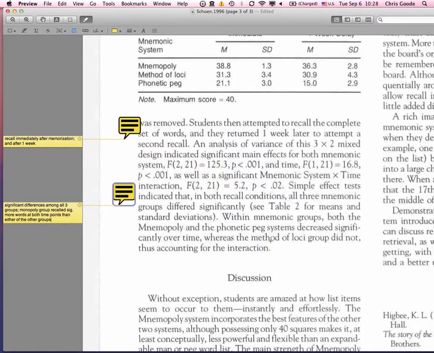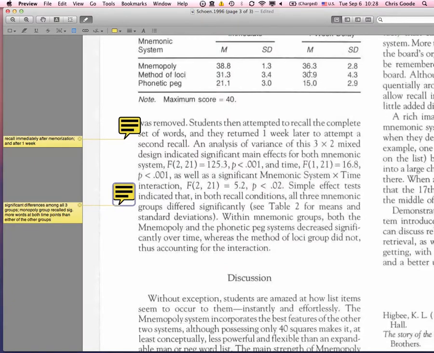Within mnemonic groups, both the Mnemopoly and the phonetic peg systems decreased significantly over time. I think what they're trying to say is that the groups forgot words over time, but the method of loci group did not. Let's look at that. So we went from 38.8 down to 36.3. So that's a significant decrease, just because they said so.